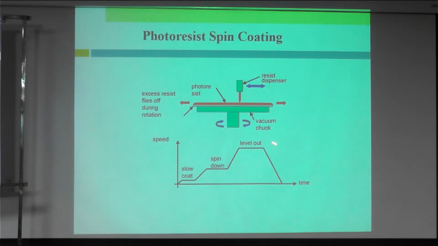These high spins will remove the high developed photoresist height to be level, to be the same uniform thickness. So this is a typical setup or process parameter used for the spin coating of photoresist on the substrate.